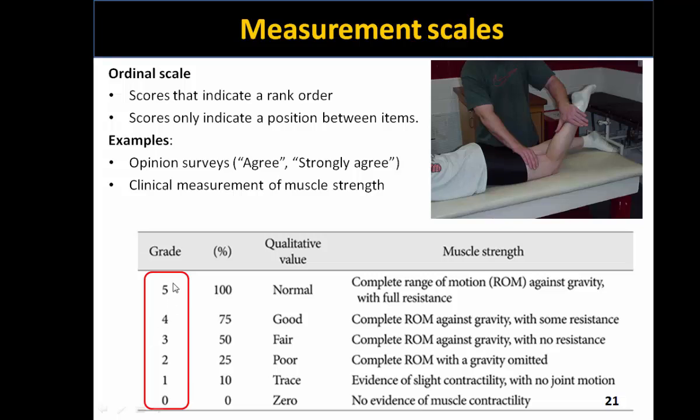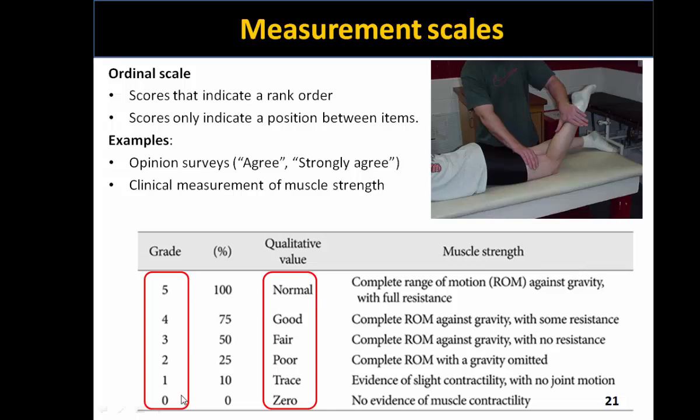And so we have an order from 5, 4, 3, 2, 1, and 0, where 5 is the highest level, which is 100%, which is a numerical value that has a qualitative description here as normal strength, as defined on the fourth column here on this table.